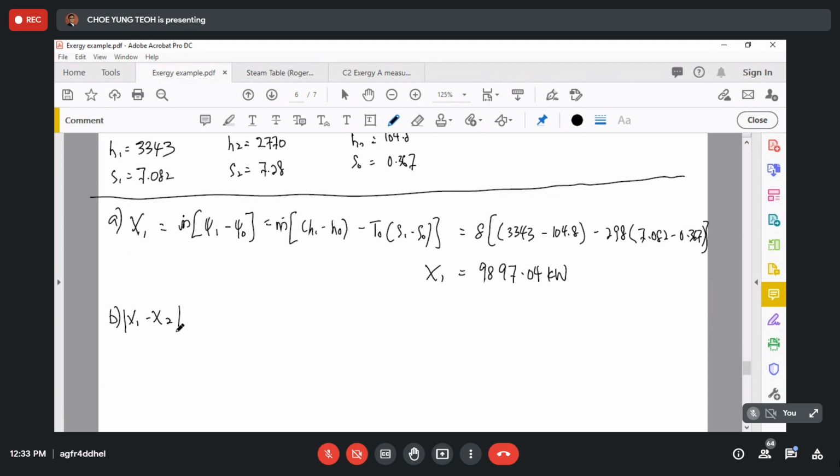Okay, maximum possible output. Again, I put the modulus because I do not know whether the work done is to the system or from the system. Doing the same thing by storage.